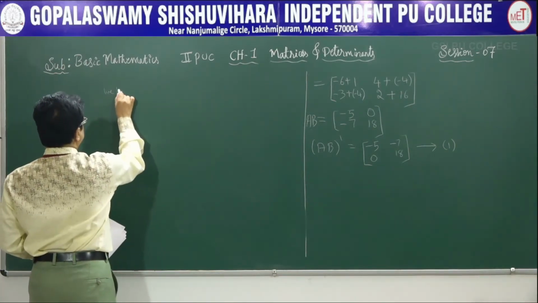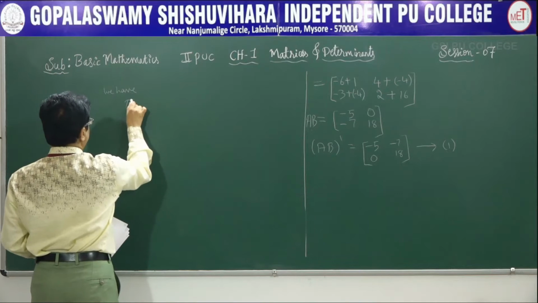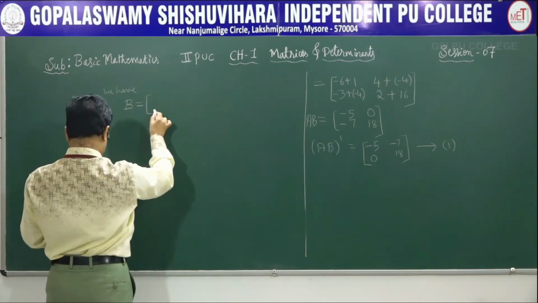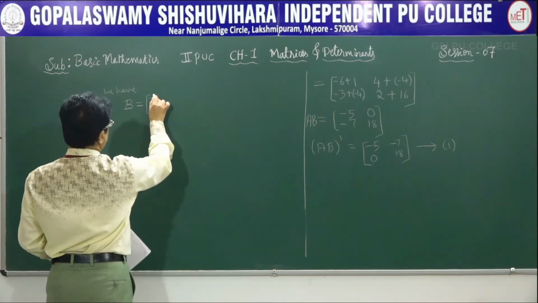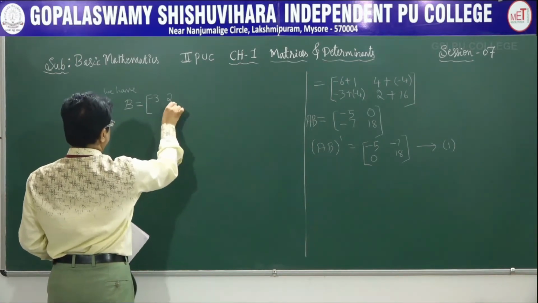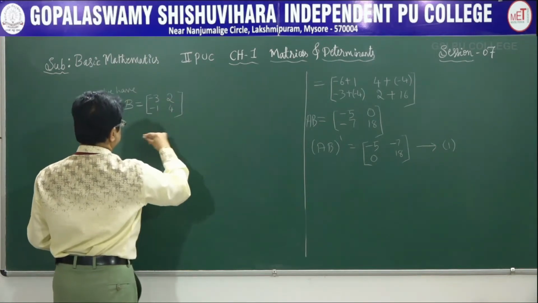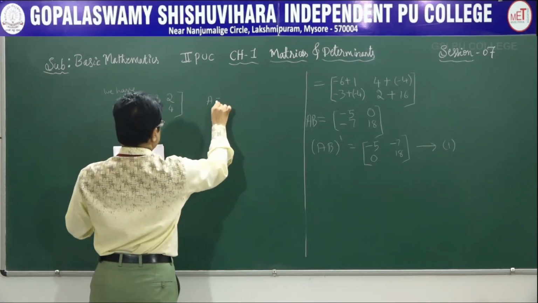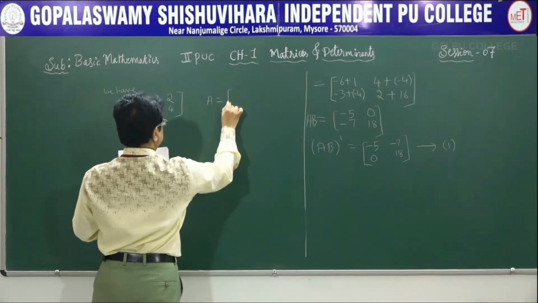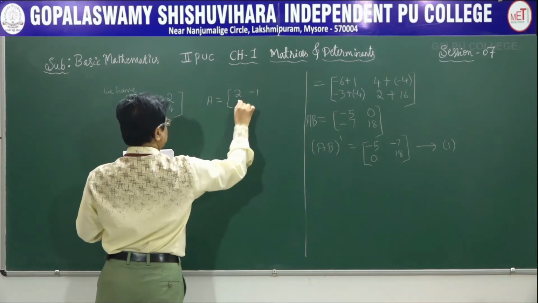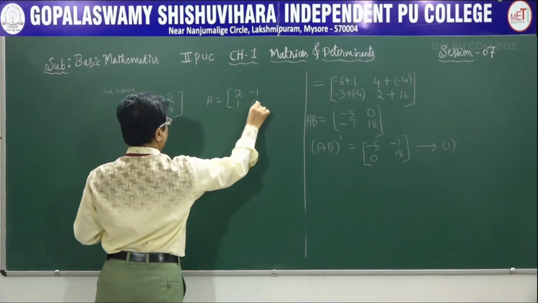We have B equals minus 3 2 minus 1 4. A equals 2 minus 1 1 4.